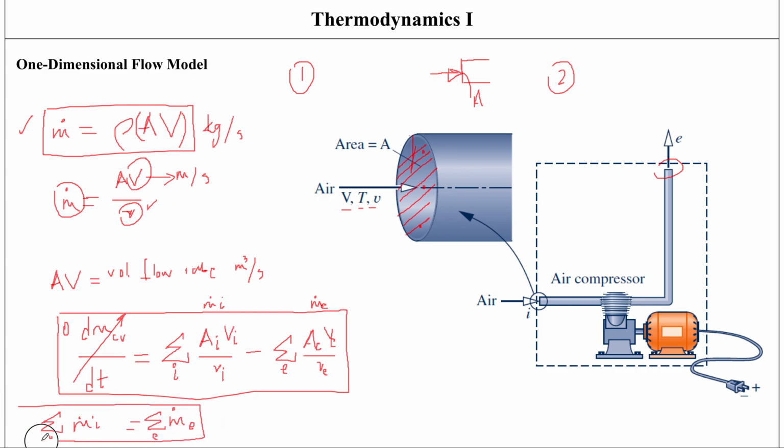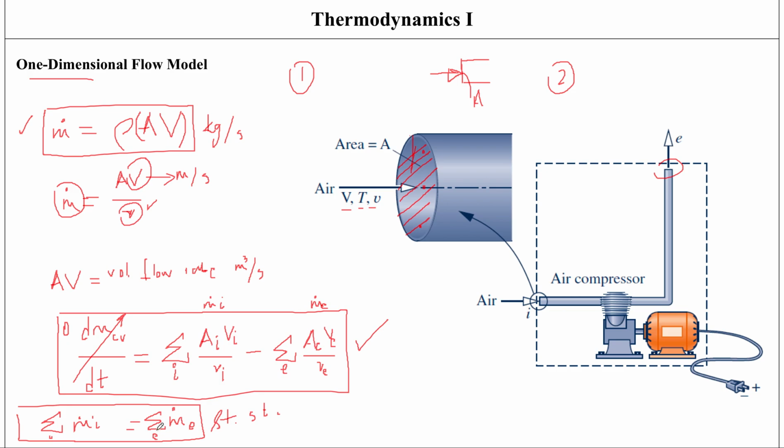This is only a special case though. This is the steady state form. The previous equation is the general form. This is obviously used, but we are making another assumption, because we already made one assumption that we are talking about one-dimensional flow.